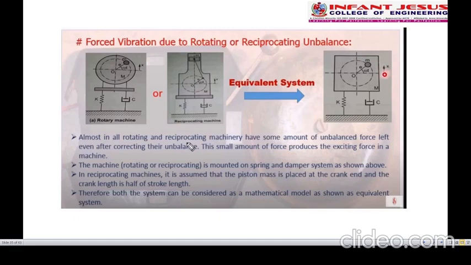The system is fixed to a foundation with a spring and a damping system. This is the equivalent system of the machine.